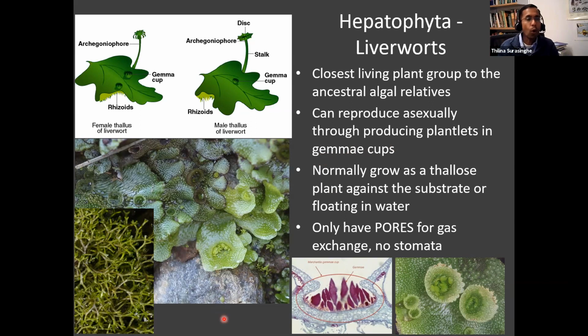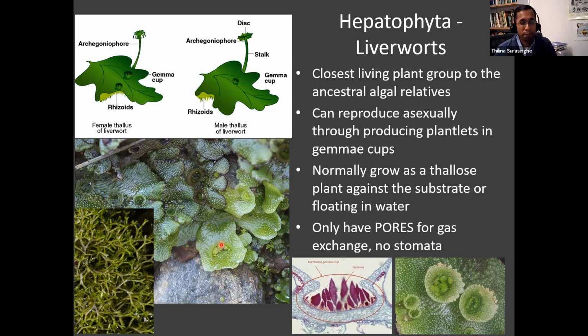They normally grow as a thallus. Spelling is like that, okay? And you can call it thallus growth, right? Meaning what? Look at this diagram over here. The thallus is actually growing along the substrate. Here, this rock is the substrate. So this is a plant growing along the top of the rock, right?